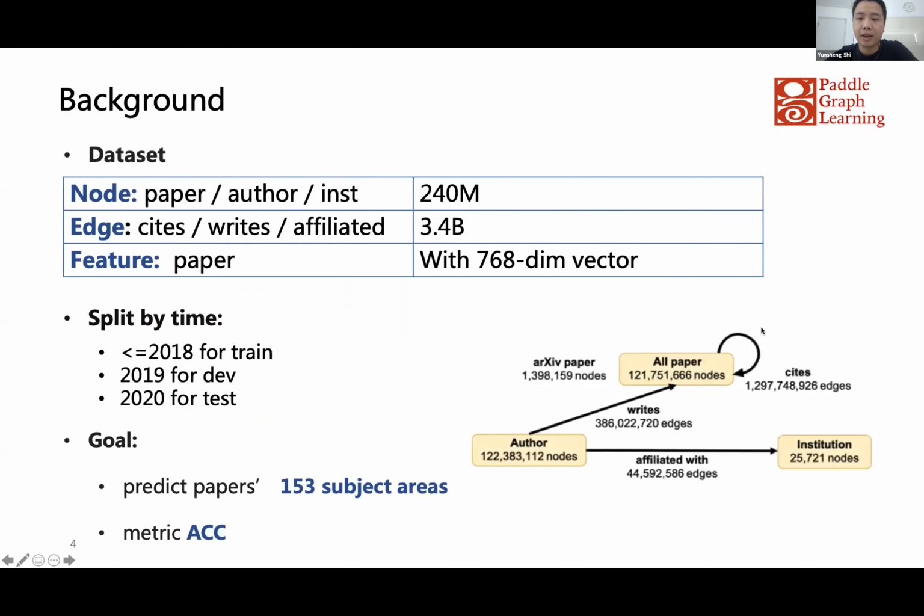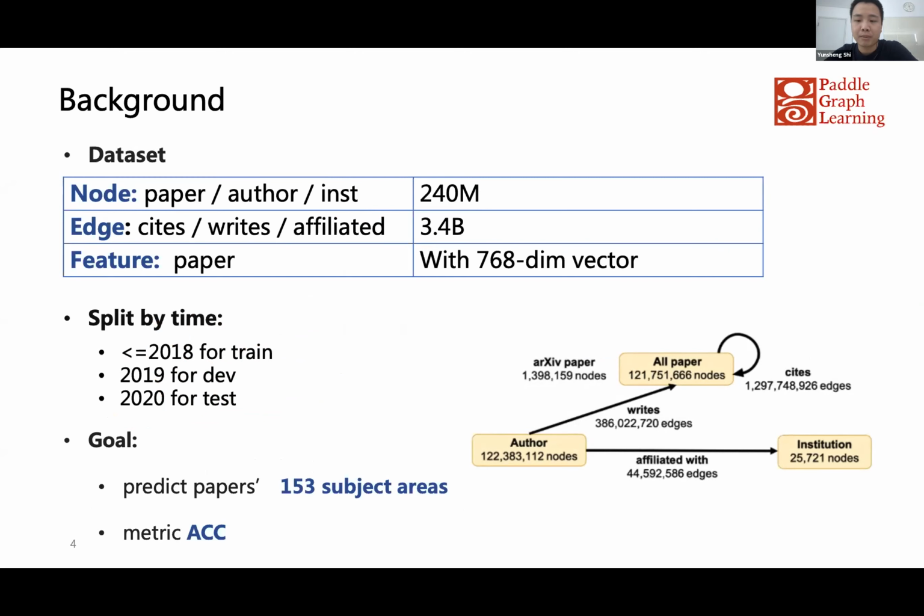More specifically, in this graph dataset, there are three types of nodes: paper, author, and institution, which add up to 240 million. And there are three types of edge relationships between the nodes: paper cites paper, author writes paper, and author belongs to institution.